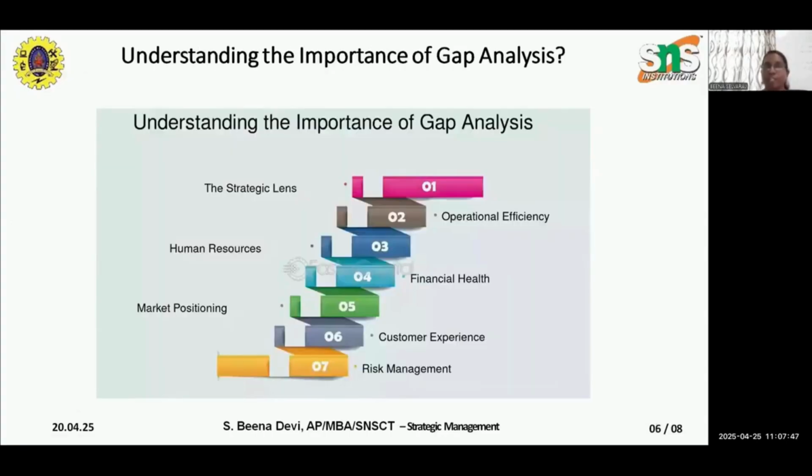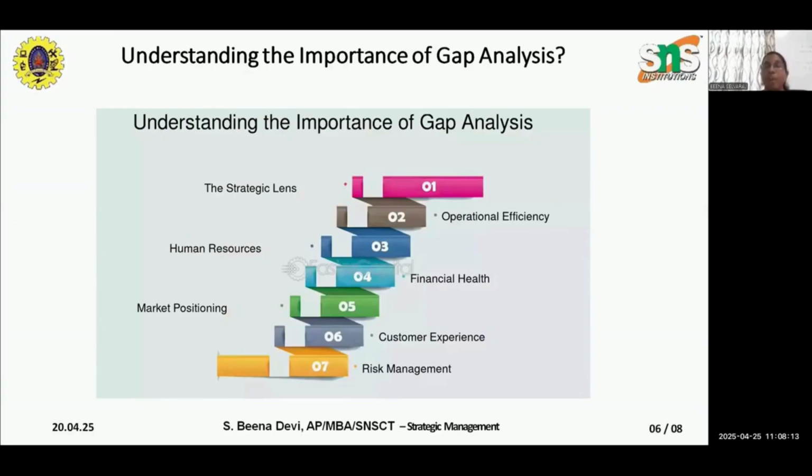Next, let us understand the importance of gap analysis. First and foremost will be the strategic aspect: what strategy needs to be framed to achieve the goals or objectives of the organization.